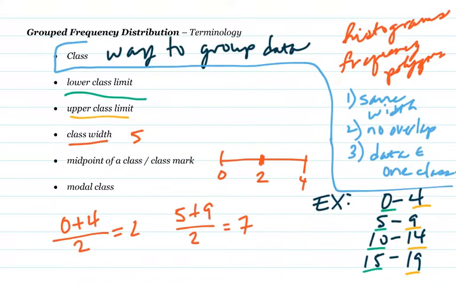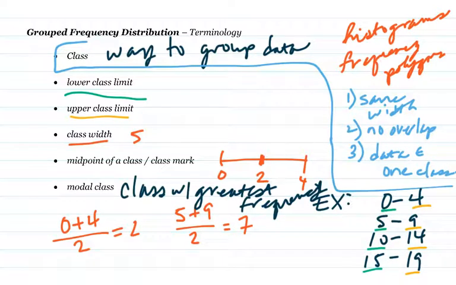So modal does not refer to what you might think it refers to. It's referring to the class that has the greatest frequency. So those are the words that we need to know in order to look at these frequency distribution tables and charts that we're going to create.